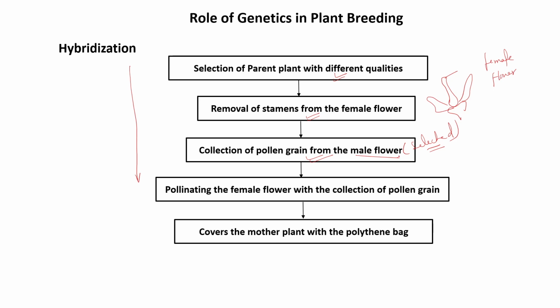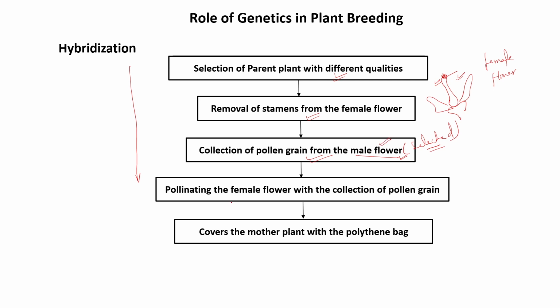And the one which you have selected, the male flower, you take the pollen grain and dust it on this stigma region, so that you ensure the pollination is done by this male flower only.